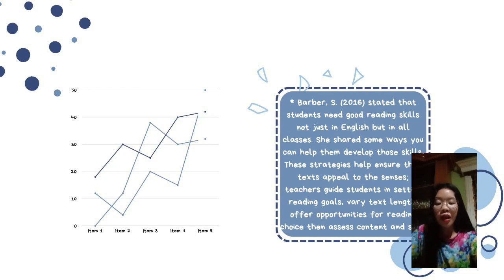Teachers guide students in setting reading goals, vary text length, offer opportunities for reading choice, then assess content and skill. So as a teacher, we must help our students to set their reading goals and offer opportunities to pick the reading materials they want to read.